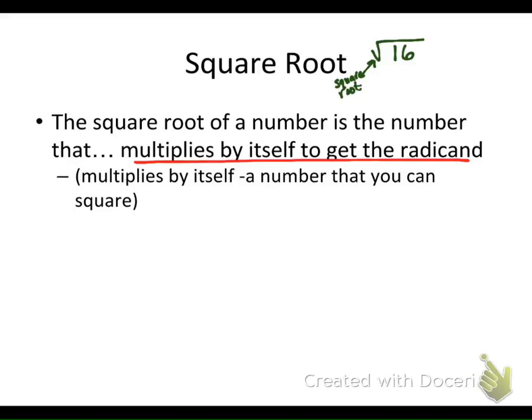The number inside of the square root, that's your radicand. When we get into simplifying square roots, you are going to need to know what your radicand is, so you'll need to know what that term means.